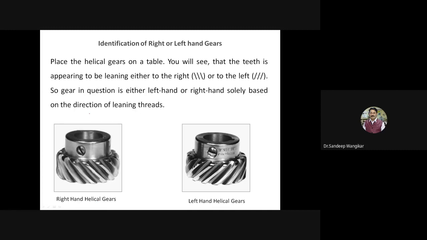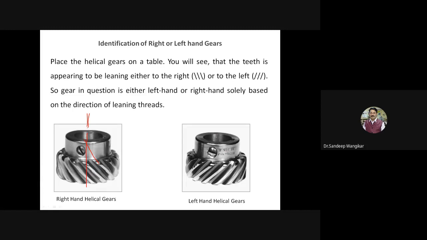Now, one more thing I will give you. If I draw a center line and extend the teeth from the right hand side and they match, I can call this a right hand helix.